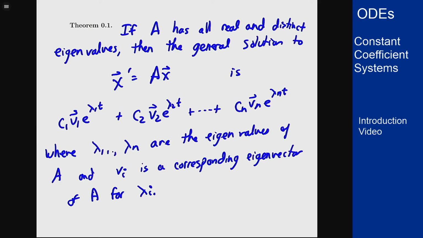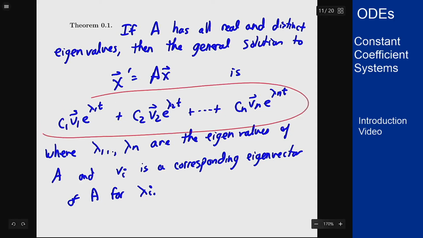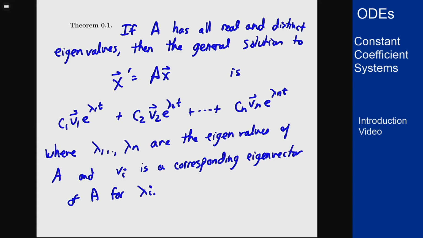Since I have n different eigenvalues, I get n linearly independent vectors, which form a basis of my space, and therefore this works as a general solution. We'll be able to meet every initial condition by picking appropriate values of the constants.